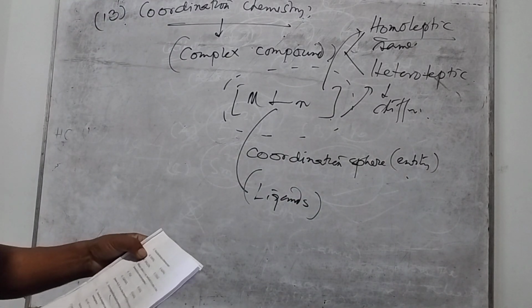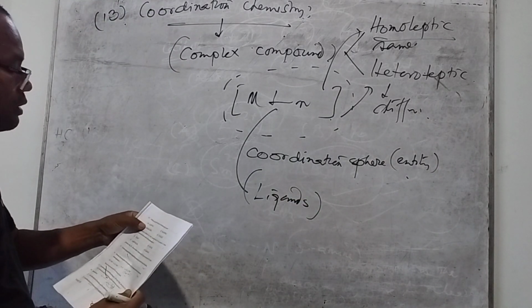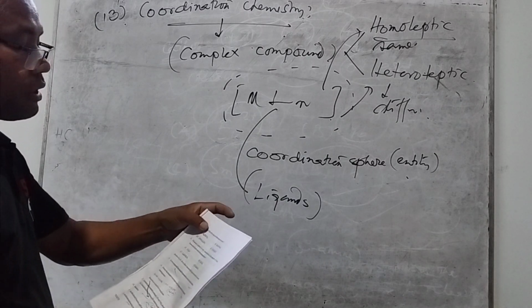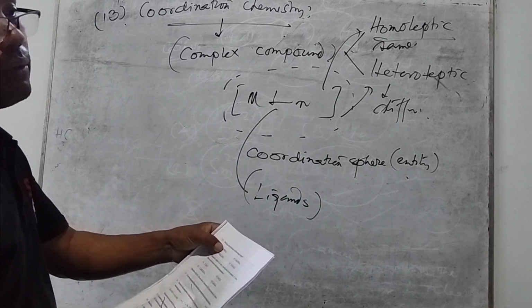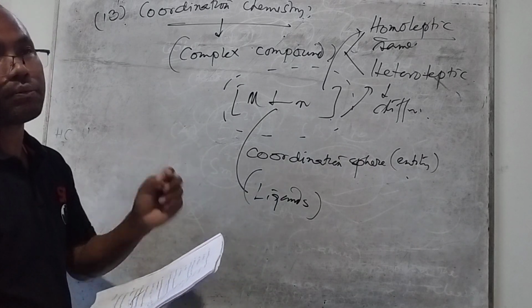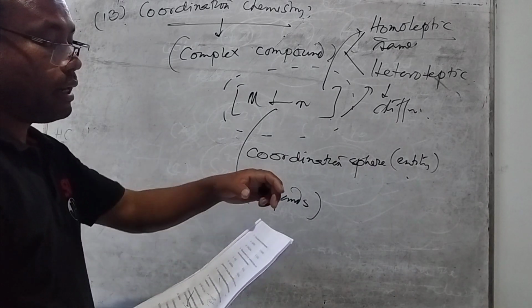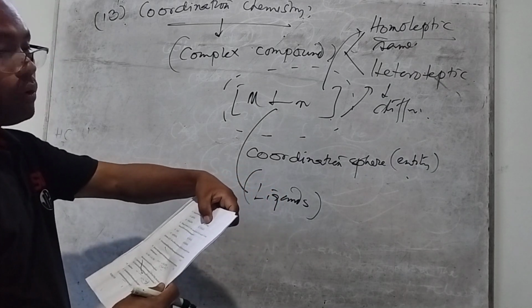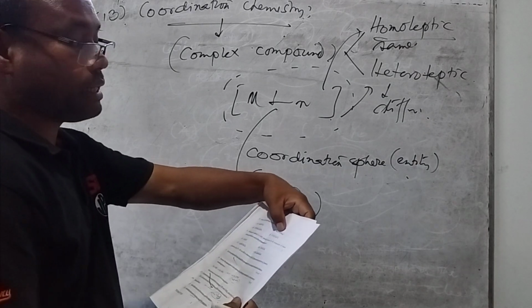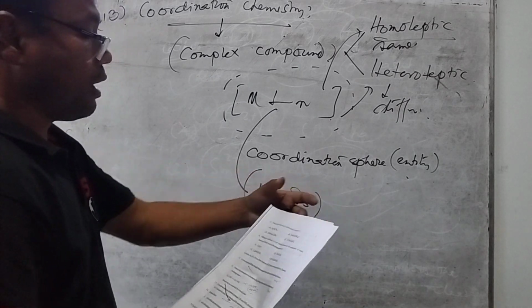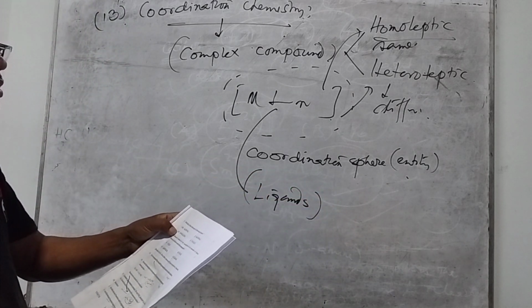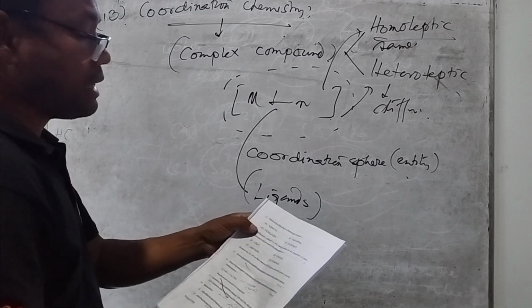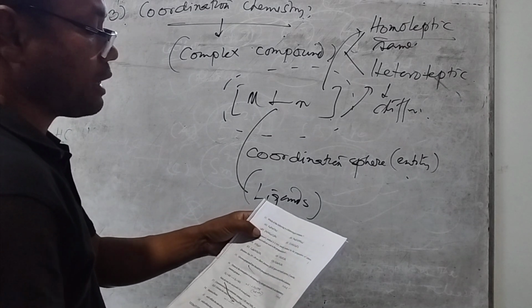See, look at option number A. Inside the coordination sphere, the ligand is CN. Only one CN, that means only one type of ligand is written there. In option B, within the coordination sphere, only one type of ligand, that is NH3. And in option C, there are two different ligands: one is NH3, another is Cl2.